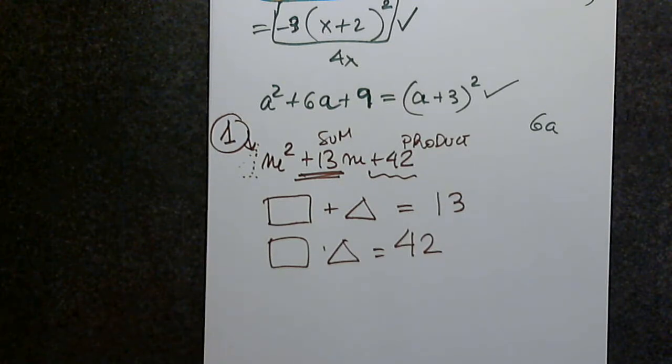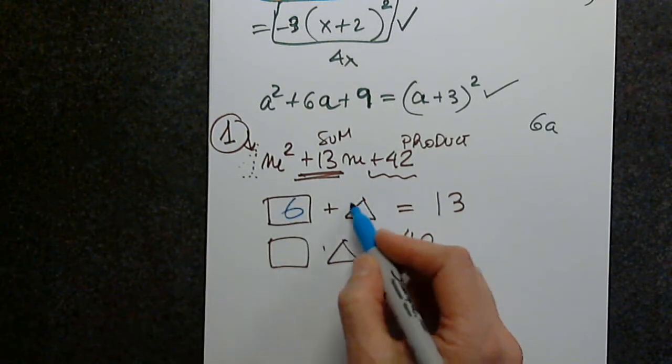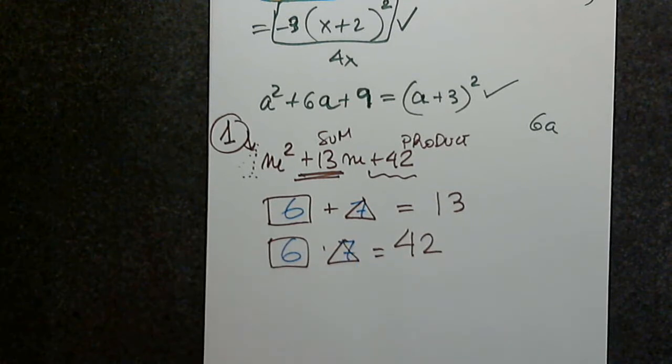Mallory already gave us 6 and 7. When we add them, we get 13. When we multiply them, we get 42. There are no other two numbers whose product is 42 and whose sum is 13.